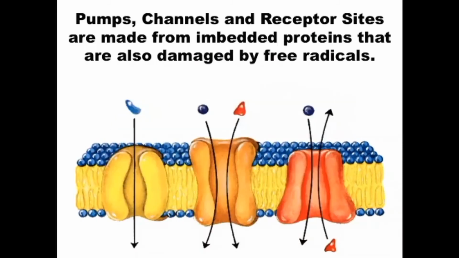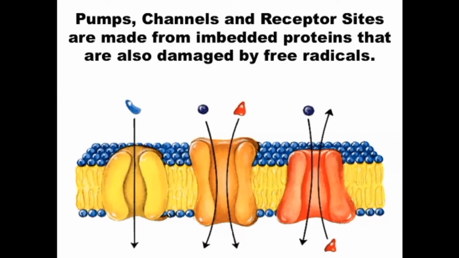Now, you can see the phospholipid bilayer in this picture. And these are all pumps and channels and receptor sites. So they're made from embedded proteins. So these proteins are embedded in that cell, and they allow certain things in. Like one of them will be a sodium channel, and it allows the right amount of salt to get in.